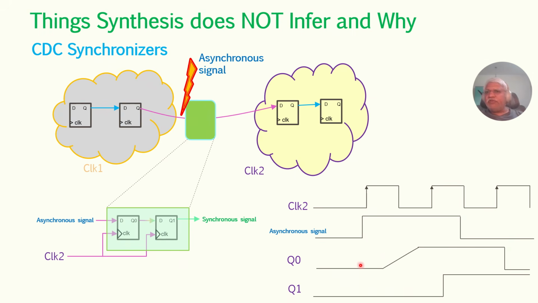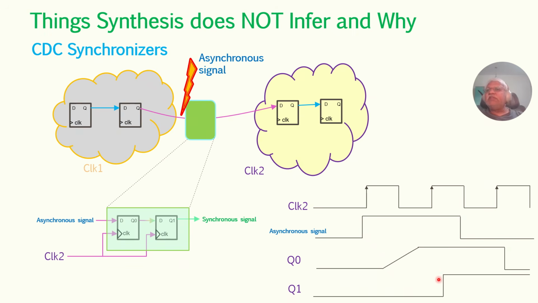Now if you observe, fortunately this is the Q0 signal, which will be the input for the second flop. There is enough setup time for the second flop, hence the Q1 output is processed correctly after this clock edge, and this clock to Q delay is within the 10% acceptable limit.